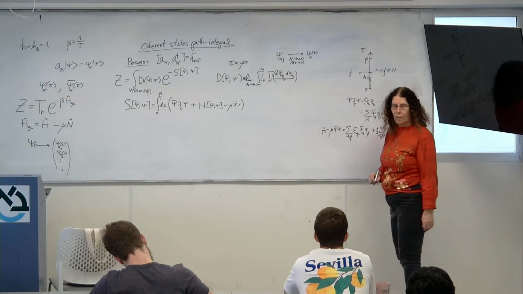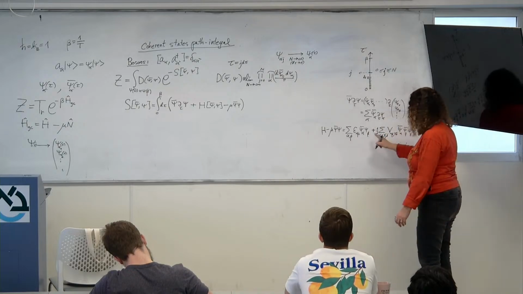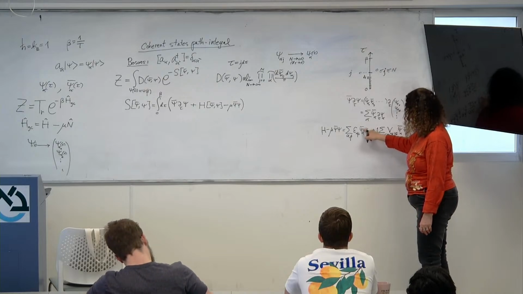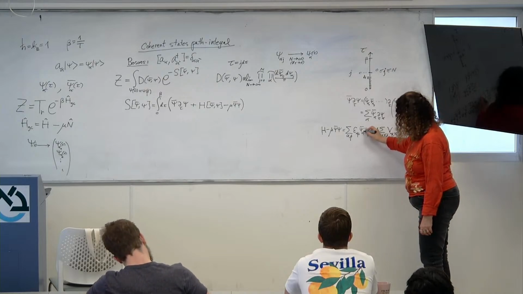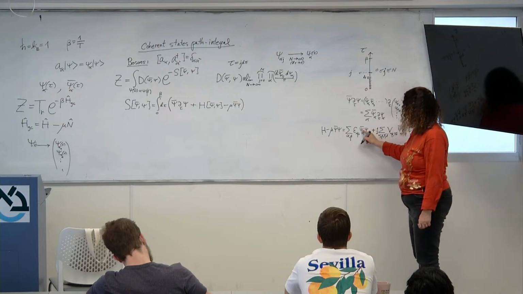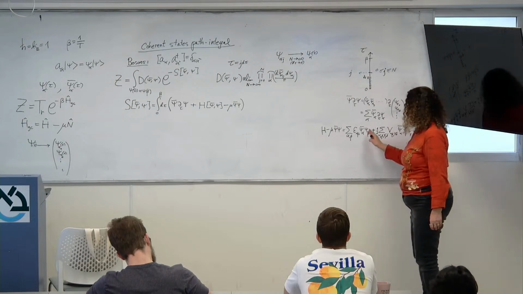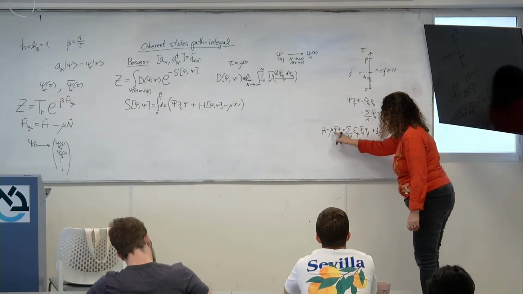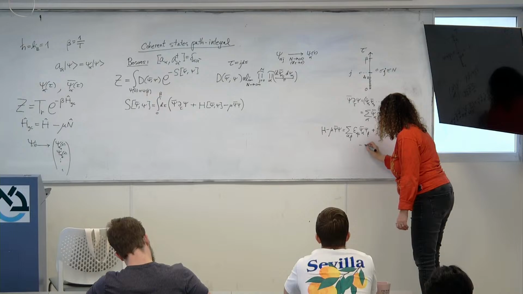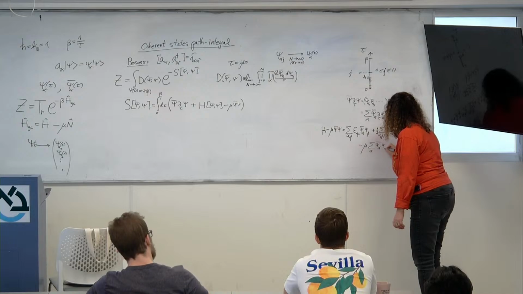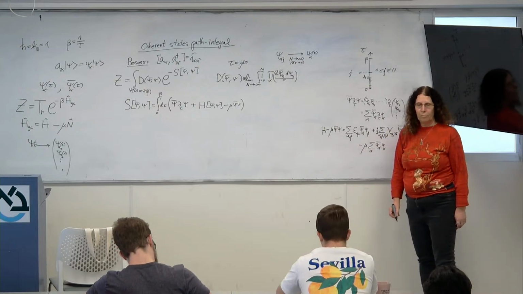Okay, something like that. Okay? Well, and every time I write psi without any argument, it's actually psi of tau. Okay. So, and then the last term to be written explicitly is the sum over alpha of psi bar alpha psi alpha. Okay.